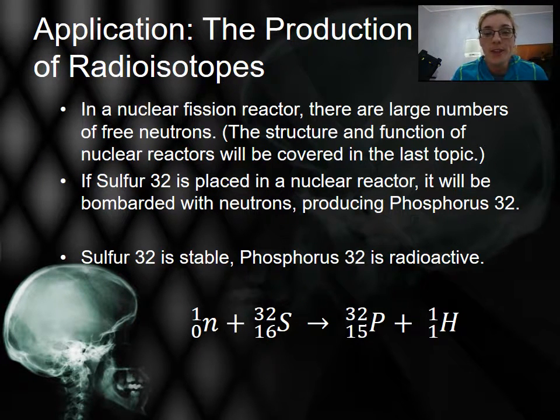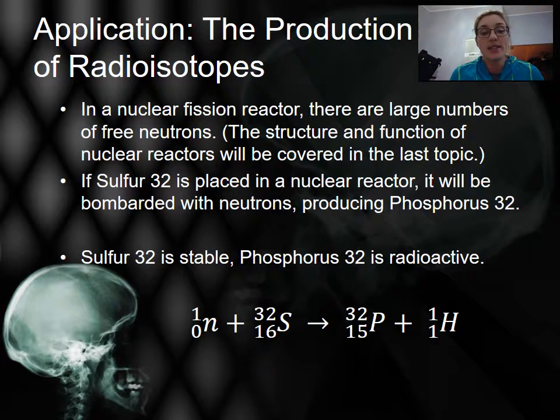Alright, so one of the things we have to be able to do is talk about the production of a phosphorus 32 isotope. Now, this occurs in a nuclear fission reactor where there are really high numbers of free neutrons, and we'll talk more about reactors and different types of reactors as the last topic in this section.